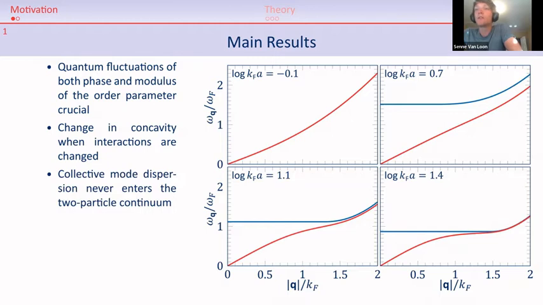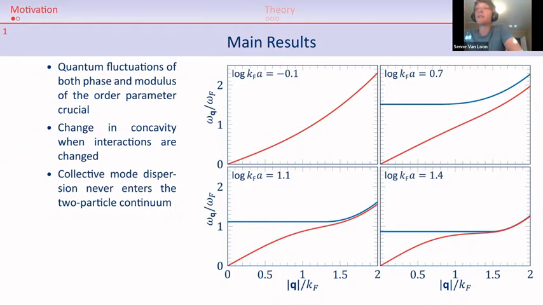Then a crucial difference from the 3-dimensional case is that the blue line that I show here now is the 2-particle continuum. So above this line, it's energetically more favorable to break up pairs instead of exciting the collective modes.